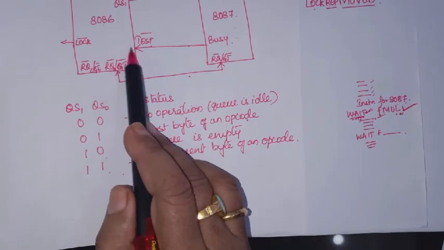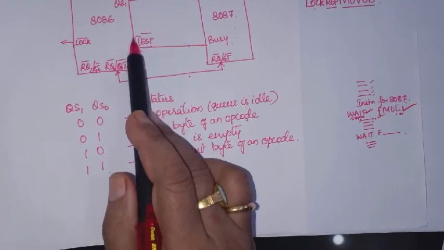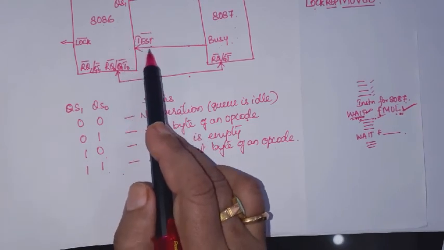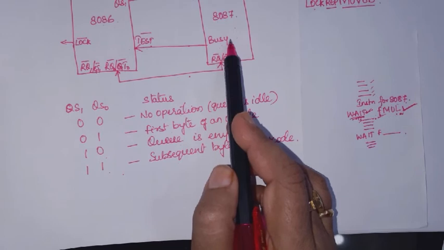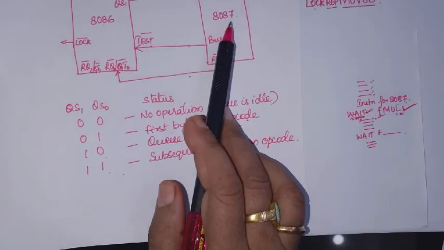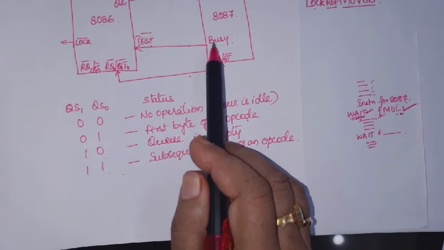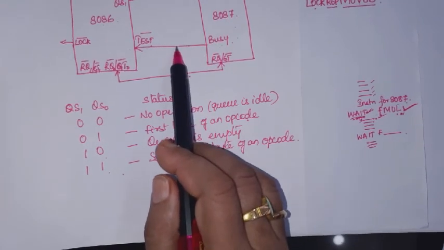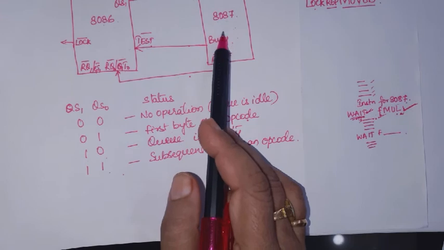It will be checking whether the TEST bar pin is high or low. High indicates that it is under execution. Once this instruction execution is finished, this pin will be sent low by the 8087 processor.